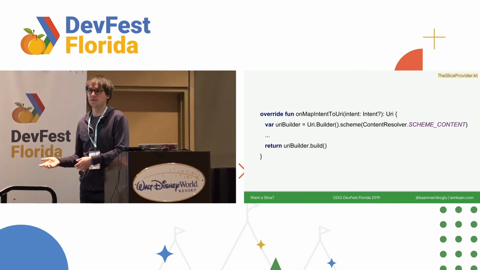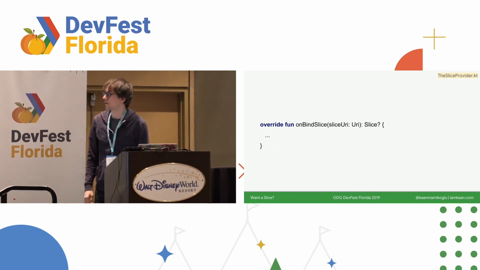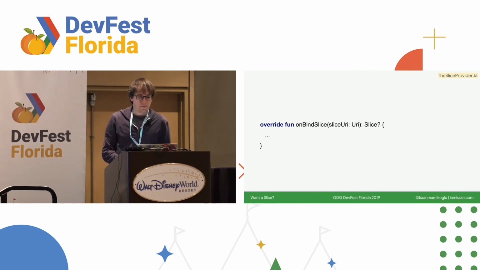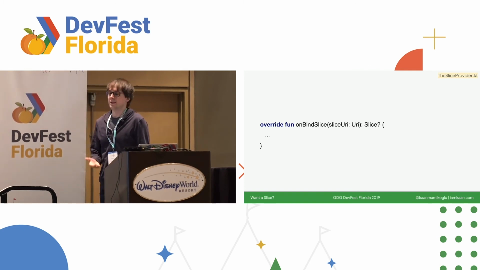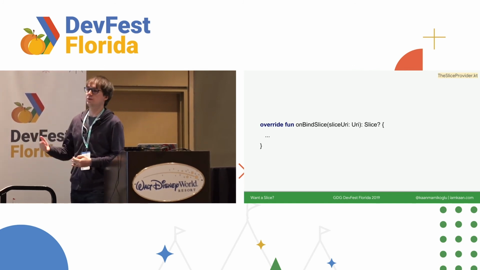If you have some custom needs, then you might need to modify it. And then finally, the function we will focus on, bindSlice. This is basically where things happen. You get a URI again, and then you need to return a slice.